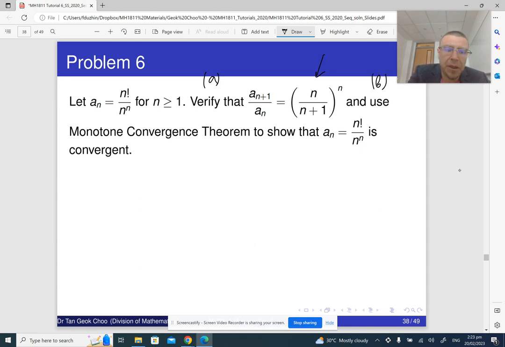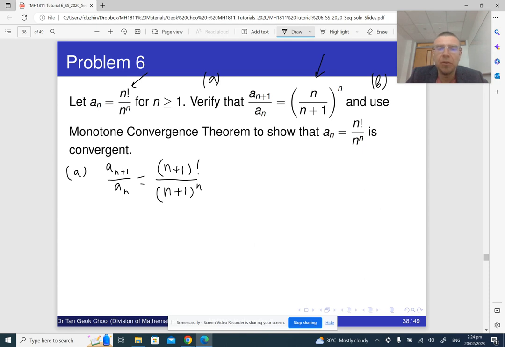So let me do part A first. Part A, a_{n+1} divided by a_n equals, so a_{n+1} is obtained from the formula for a_n by replacing n with n plus 1. So this is going to be (n+1) factorial divided by (n+1) raised to the power n+1, divided by a_n, right?